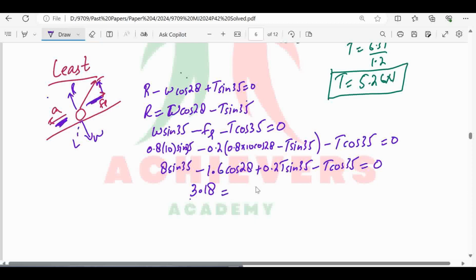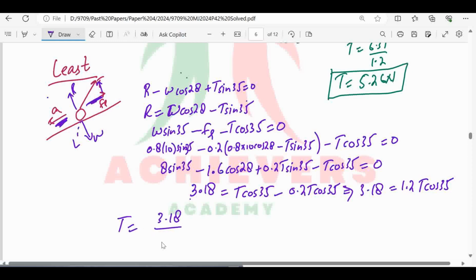So this will be T cos of 35 minus 0.2 T cos of 35, which means that 3.18 is equals to 1.2 T cos of 35. So T will be equals to 3.18 divided by 1.2 into cos of 35.